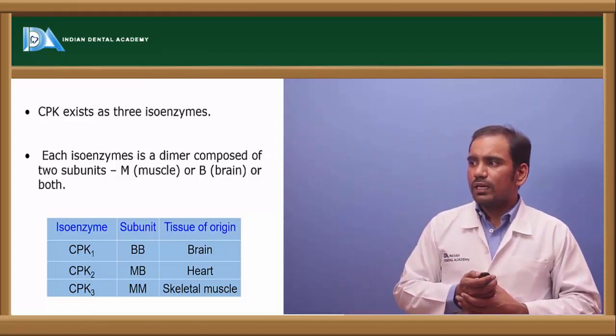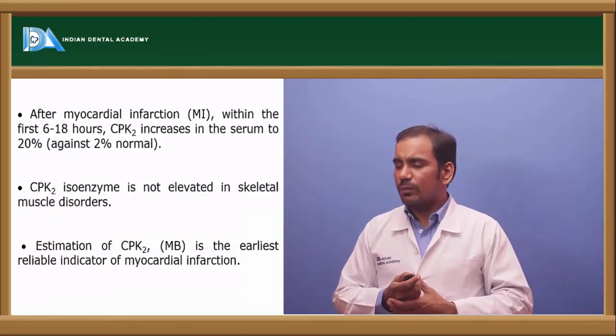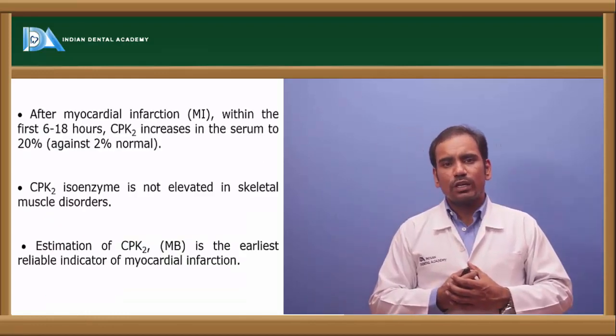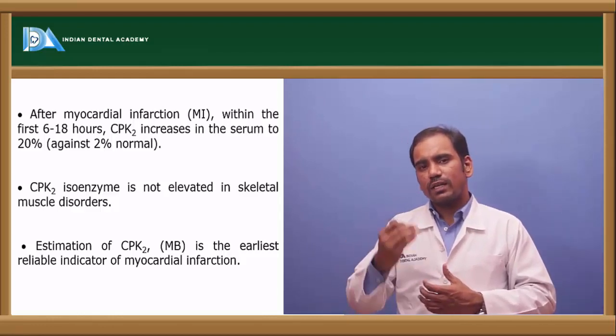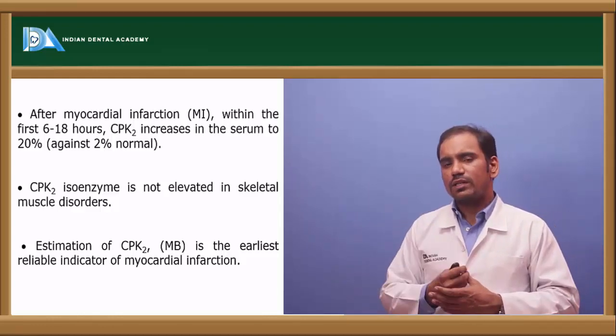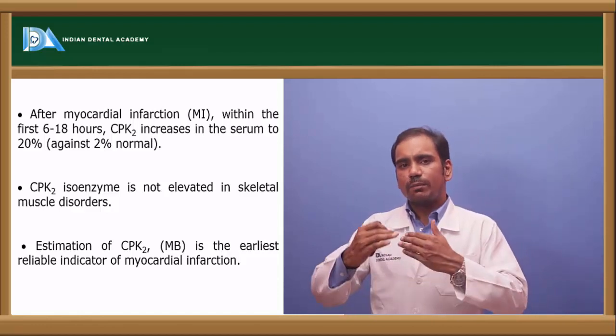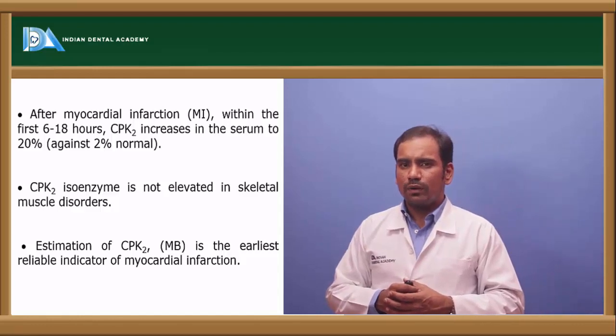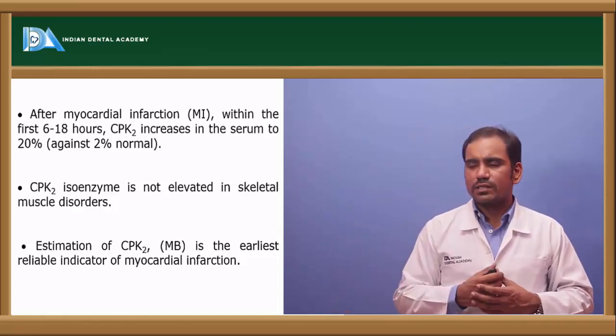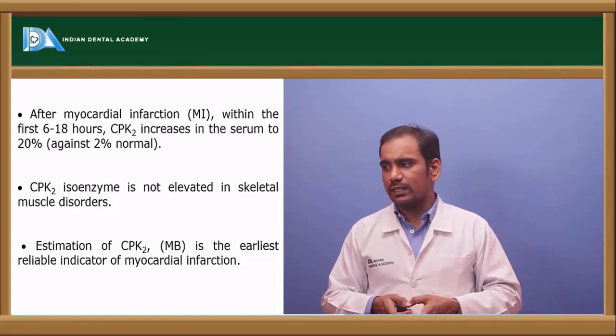This is about the creatine kinase isoenzyme forms. The first enzyme to elevate in myocardial infarction is creatine kinase. It starts to rise within 3 to 6 hours, reaches a peak by 24 hours, and remains in blood for 3 to 4 days. That is the clinical significance of creatine kinase.